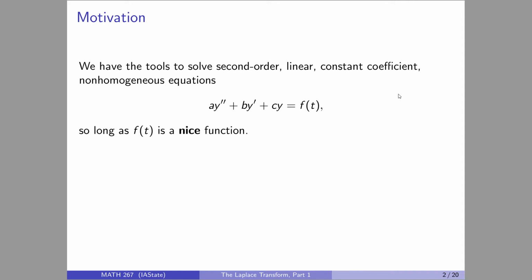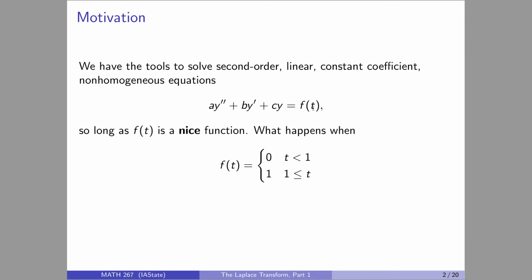Now, we've seen some f of t's that maybe you don't think are nice, but here, when I'm saying nice, if f was a polynomial, if f was an exponential, if f was a sine or cosine, undetermined coefficients do the job. If f was something a little spicier, like log or secant, well, then variation of parameters comes and saves the day.